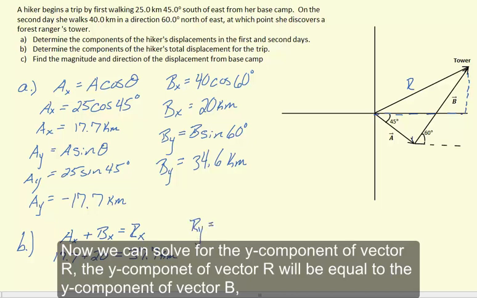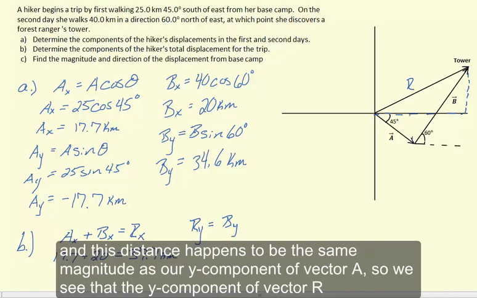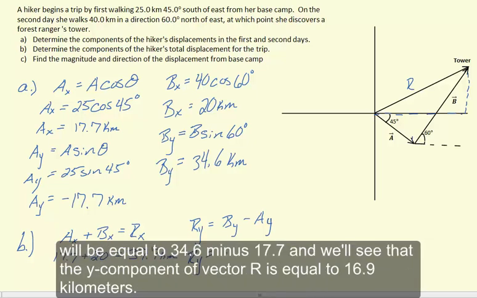The y component of vector R will be equal to the y component of vector B, which goes from the tower down to our imaginary dotted line. So we'll have to subtract this distance, and this distance happens to be the same magnitude as our y component of vector A. So we see that the y component of vector R will be equal to 34.6 minus 17.7.